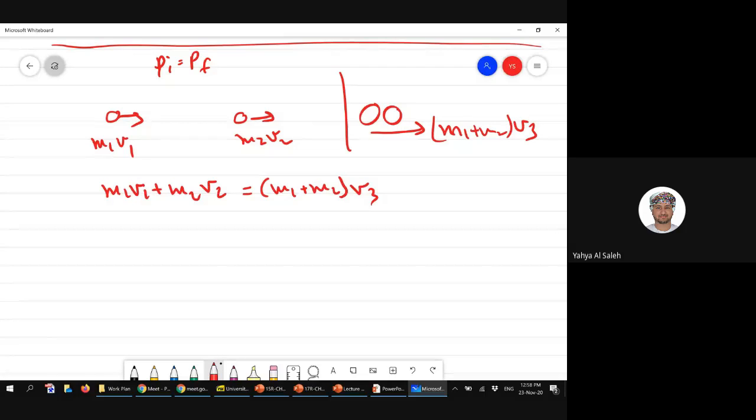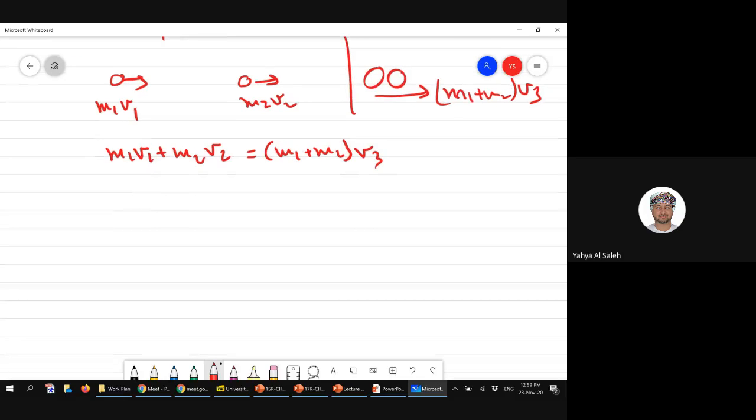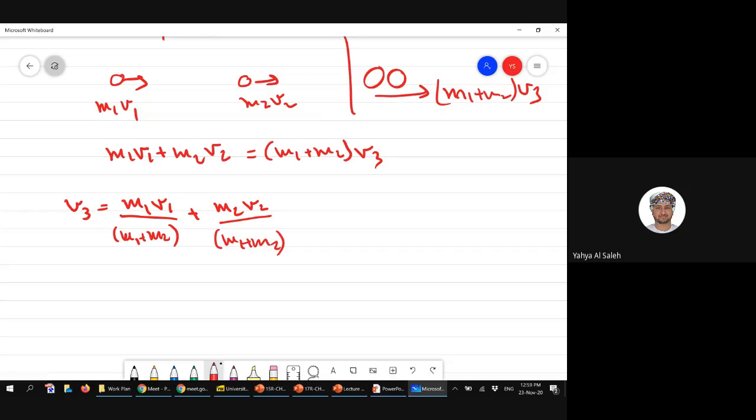Now it depends, Azan. Was the first ball moving beforehand or not? Let's assume it was moving, and we will use the exact same numbers. So V3 will be equal to M1 V1 over M1 plus M2, plus M2 V2 over M1 plus M2.